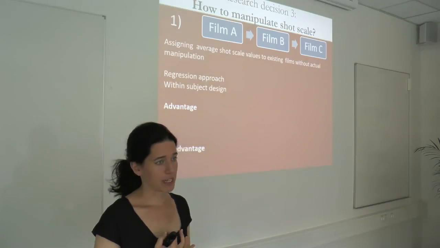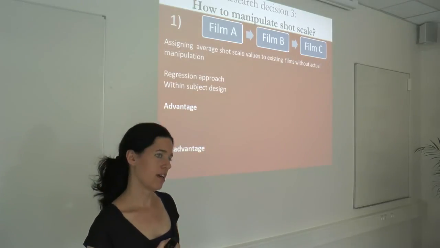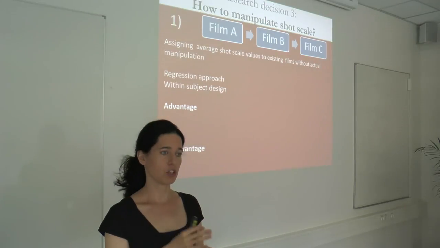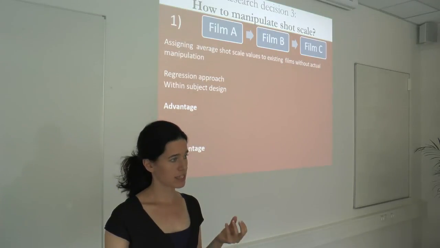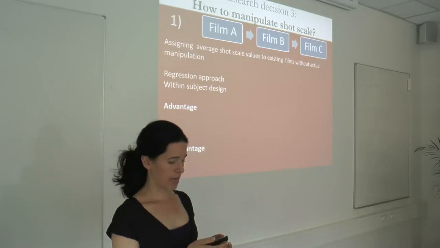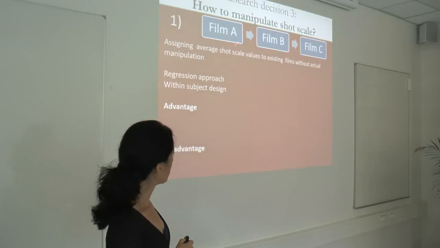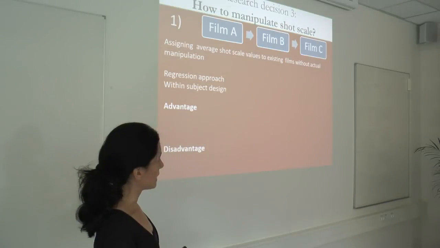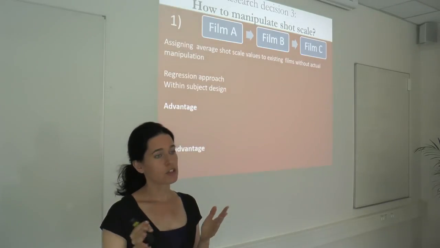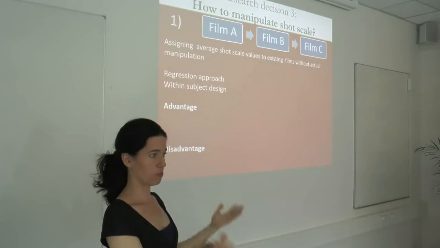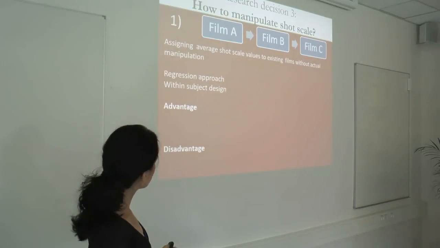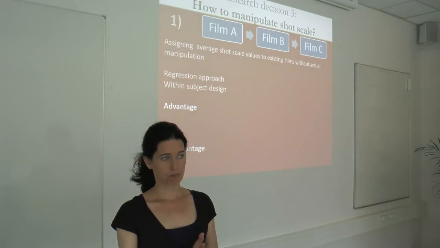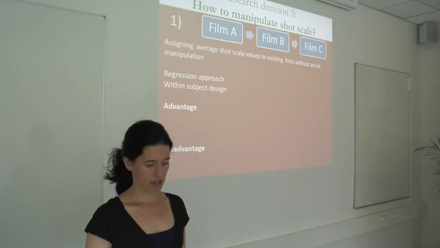One way to manipulate shot scale, and in the very first study we tried that, is when you actually don't manipulate the material itself, but you involve many different movies, and you simply calculate an average shot scale for each of the movies as an aggregated value, and use this value as a predictor of the theory of mind response.